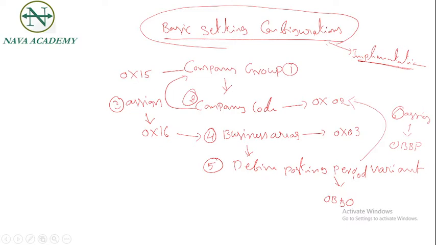You created the posting period variant. After creation of the posting period variant, seventh step, you open and close posting periods. Which month do you want to open your posting? Which month you don't want posting?